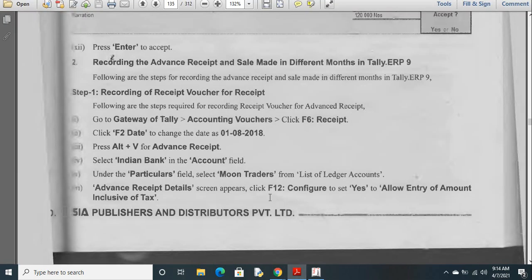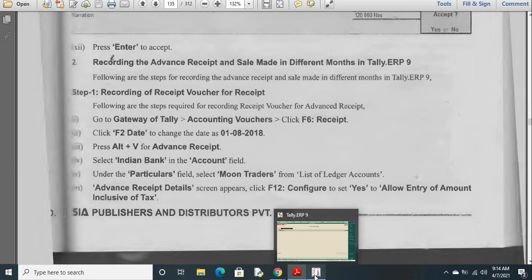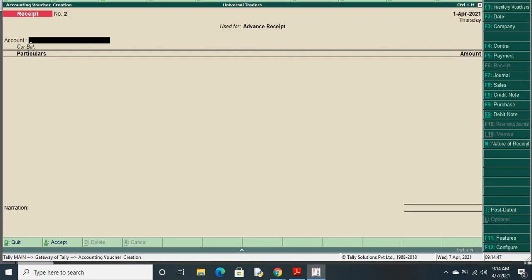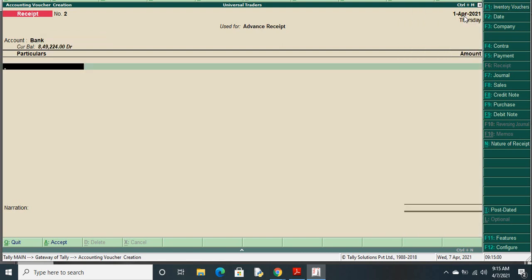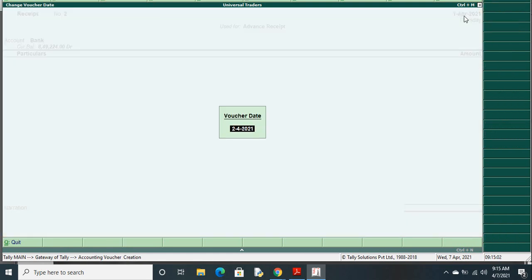Next, here we have to enter the transaction. I am going with the 1st August. It is bank. I have to change the date with F2 and make it 1/4/2021.